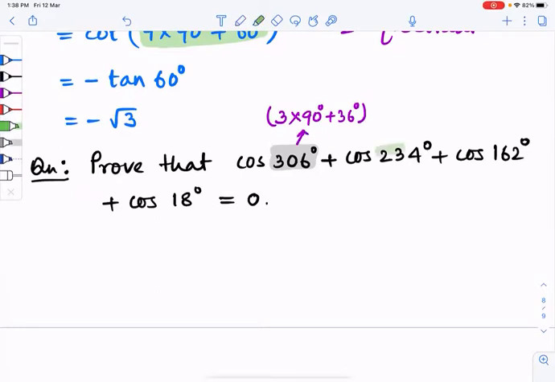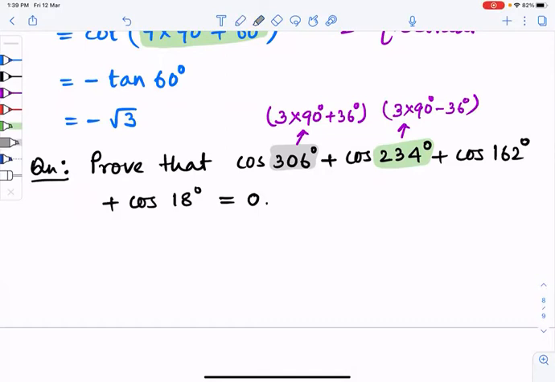What is 234? 234 will be 3 into 90 means 270 minus 36. Right?